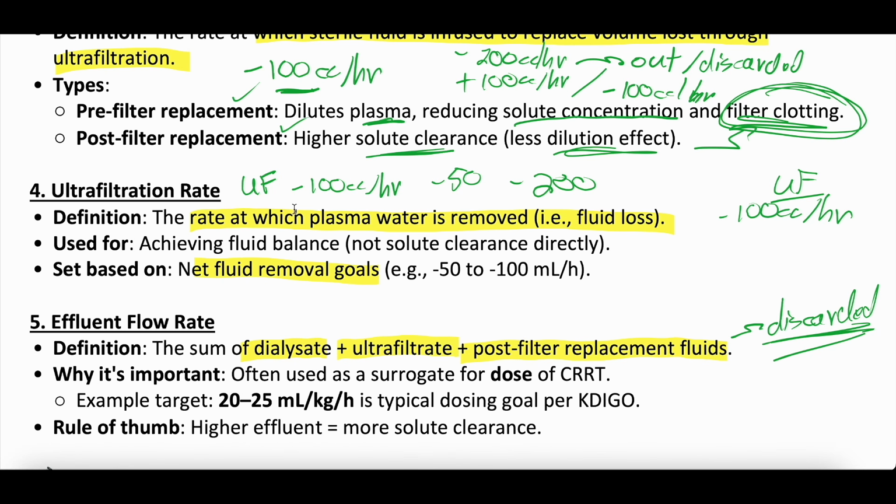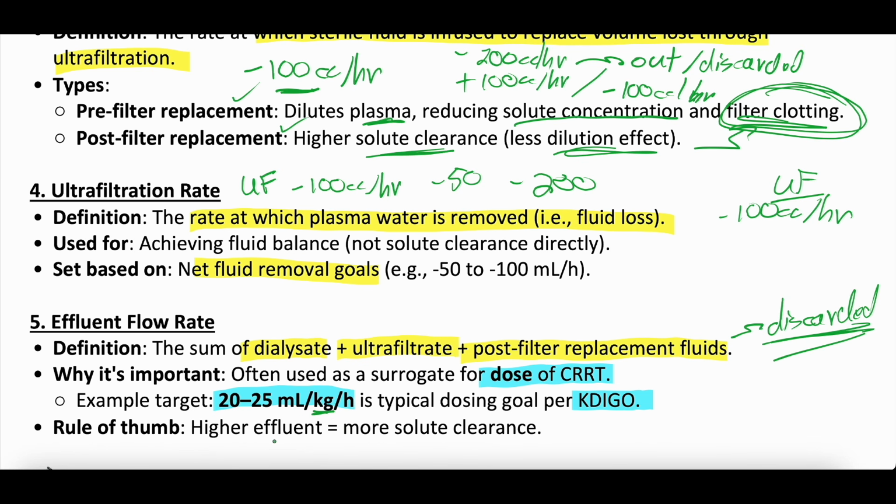And this is important because it helps us actually to determine the dose of CRRT. Usually you target 20 to 25 cc's per kilogram per hour of effluent flow. This is per KDIGO, which is the kidney. I actually don't remember what it stands for right now, but it's one of the big kidney organizations. So when we dose our dialysis, we're choosing an effluent flow based on milliliters per kilogram per hour, and the kilograms are obviously the kilograms of the patient.